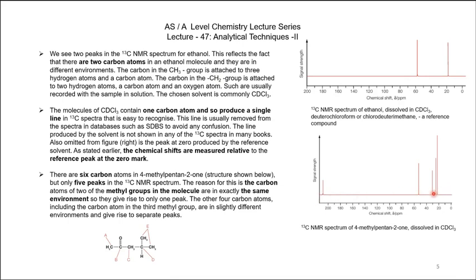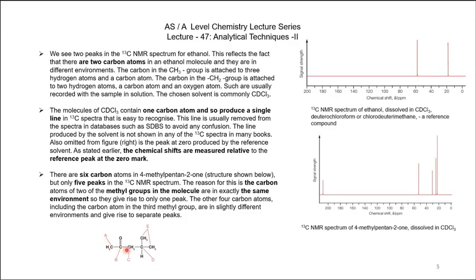Here is the data for 4-methylpentan-2-one, which is dissolved in CDCl3, and that is carbon-13 NMR data. How many peaks are we seeing? 1, 2, 3, 4, 5. If we go to the molecular structure of this compound, we write it like this.